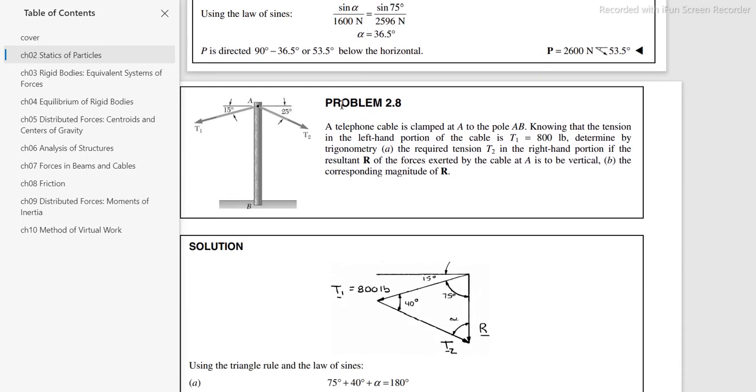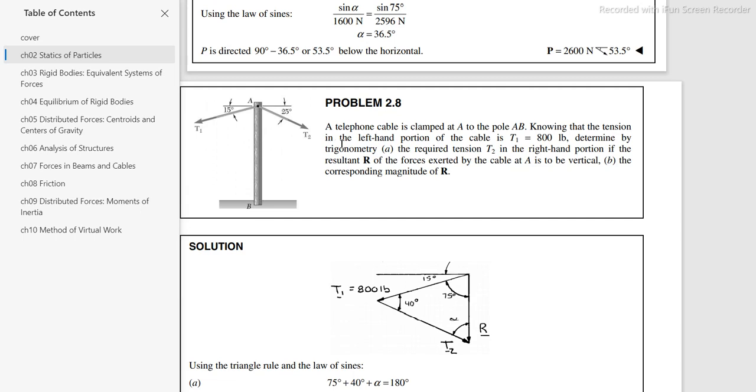Problem 2.8. A telephone cable is clamped at A to the pole AB.